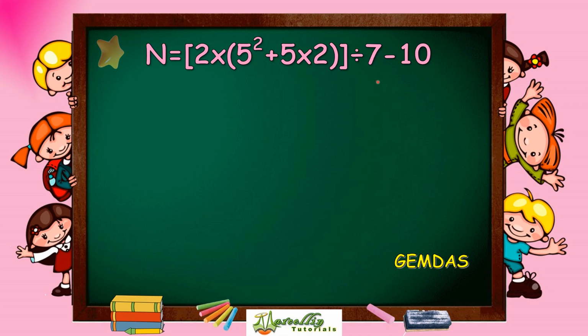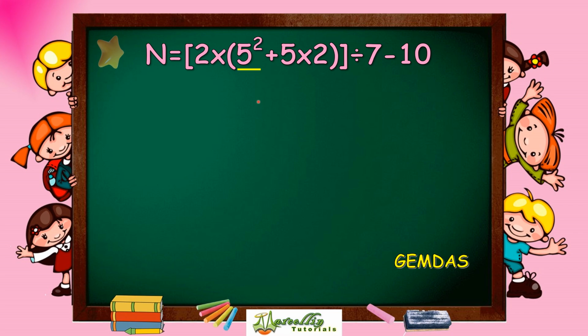In this equation, we have exponent and two groupings. Let's start with the innermost group. We have 5 raised to 2. Let's start with this one, since this is a number with an exponent.